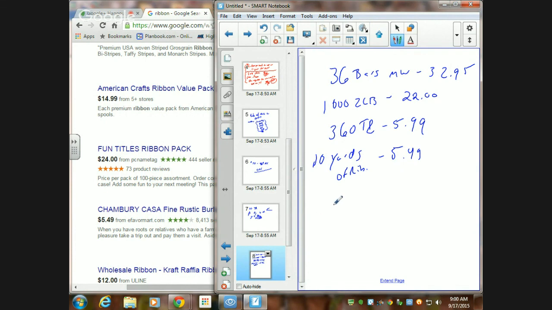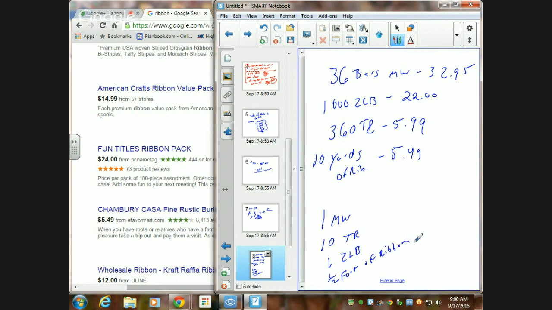Now, here is your unit, right? This is what you sell to people. 1 Milky Way, 10 Tootsie Rolls in a Ziploc bag, 1 Ziploc bag, wrapped in 1/2 foot of ribbon.